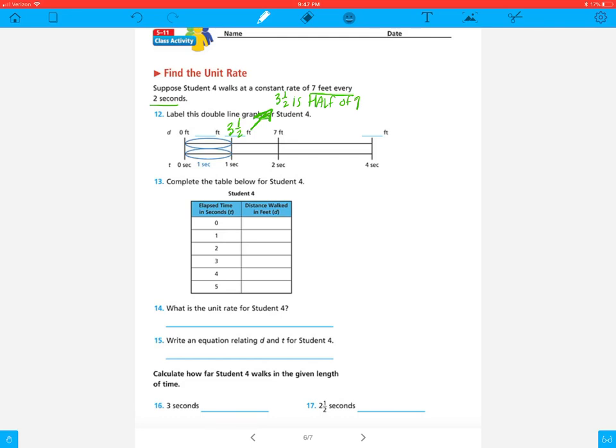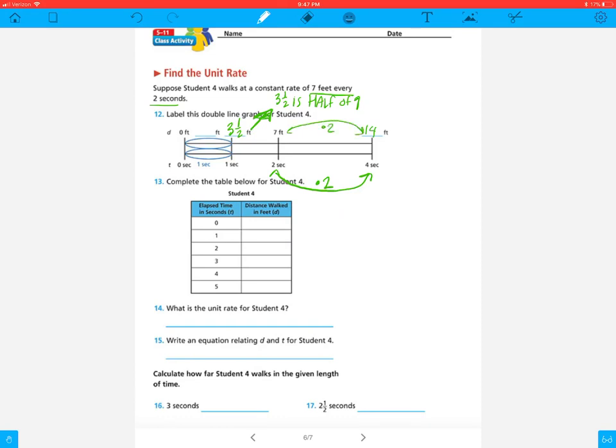Well, I know if I had $7 and I split it into 2, each person would get 3 $1 bills, and then they would split 4 quarters, and so they'd have 3.5. So that must be in between the 0 and the 7. So this person, student 4, actually goes 3.5 feet per second.